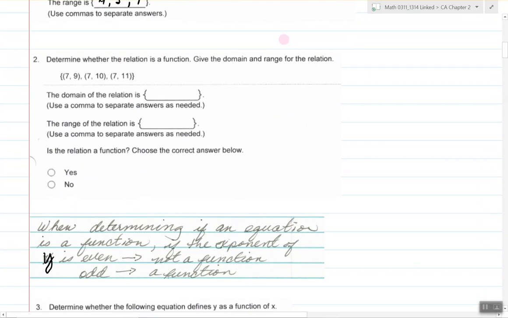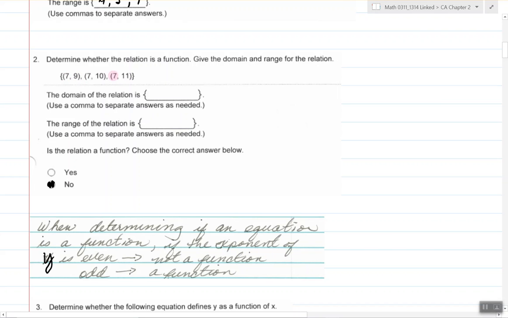Number 2, is this a function? Well, 7 has a relationship with 9. 7 also has a relationship with 10. 7 has a relationship with 11. So this is definitely not a function. The definition of a function says each x can correspond to one and only one y.